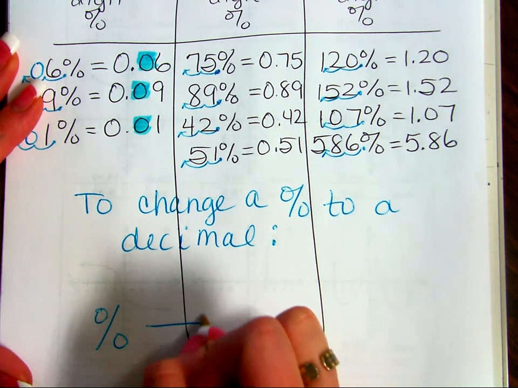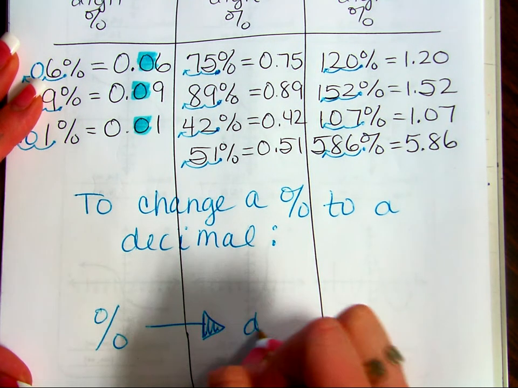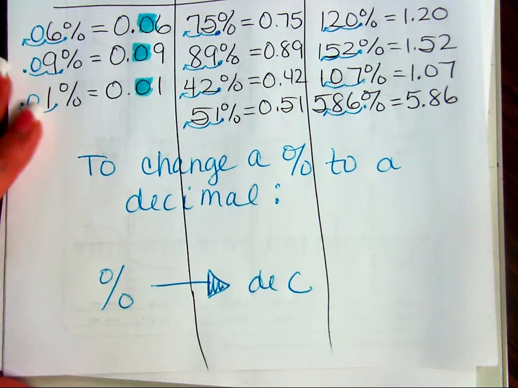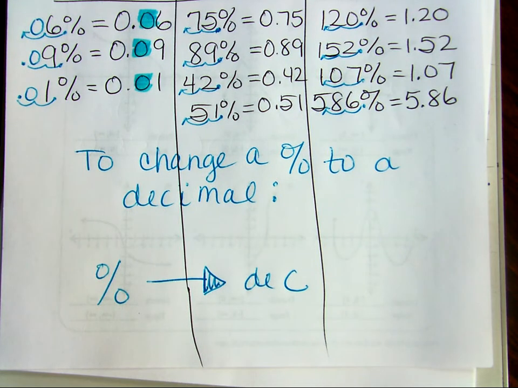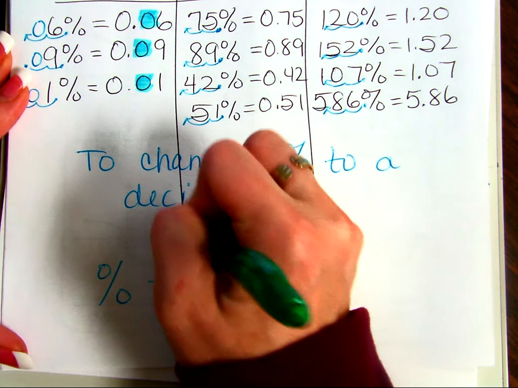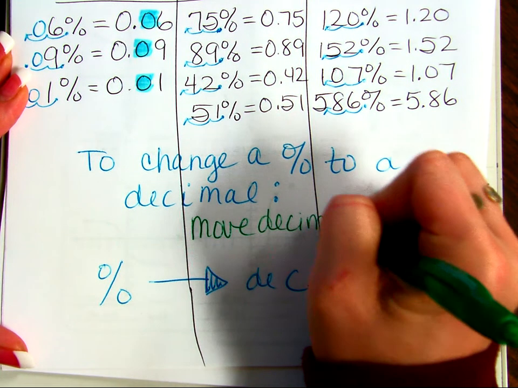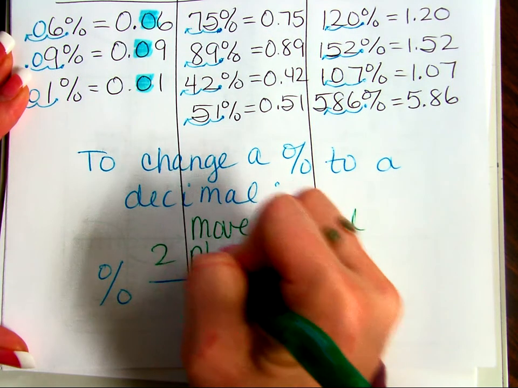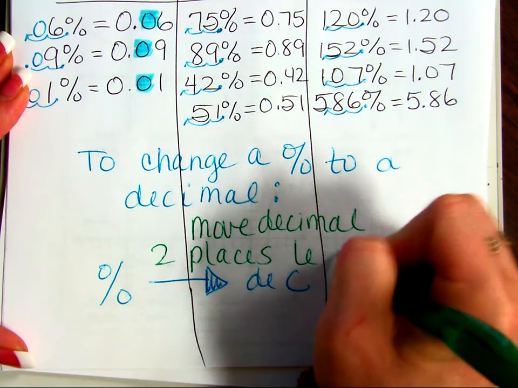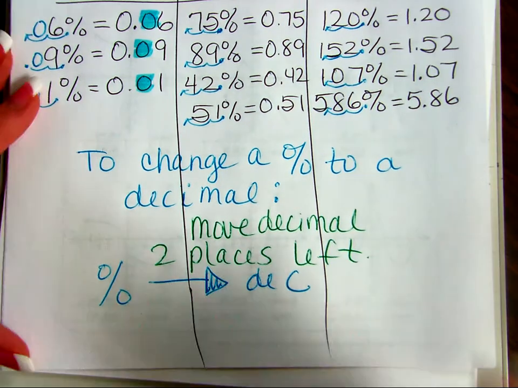Percent, arrow, decimal. Meaning change that percent into a decimal. Ian said it a couple minutes ago. You just do what? Move decimal 2 to the left. Good. Two places left. Okay? All right.